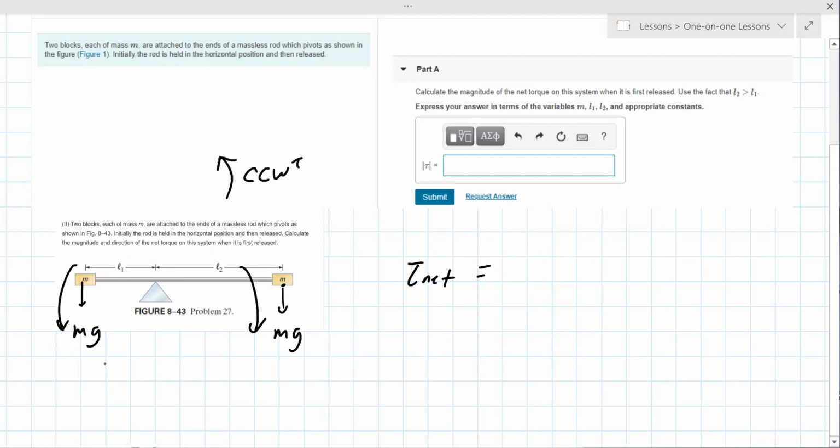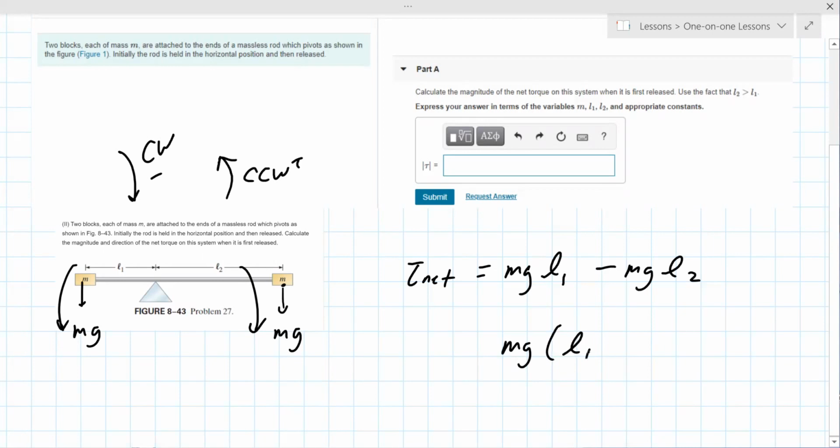You can choose whatever direction you want to be positive. So this one on the left is positive, so it's mg times L1, and then clockwise is negative, so that's minus mg L2. And this is your answer for part one. You can do L1 minus L2 there.